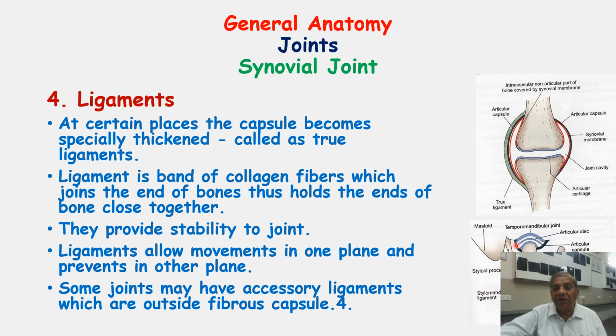It is away from the joint itself, and hence is said to be an accessory ligament, which is a little away but serves the same purpose of providing stability to the joint. So I hope you have understood what a ligament is.